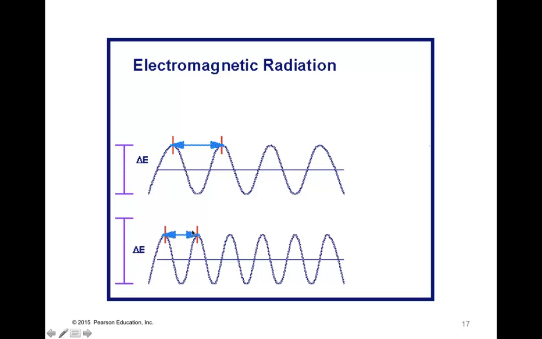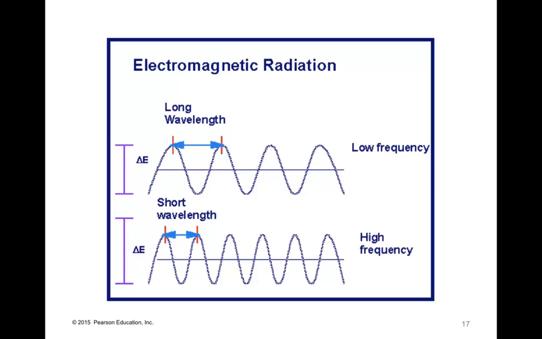So as we can see, the shorter the wavelength, the higher the frequency. We have 6 crests here and 4 crests here. This one has the long wavelength and lower frequency, while the shorter wavelength has the higher frequency. That's the inverse relation between wavelength and frequency in electromagnetic radiation.